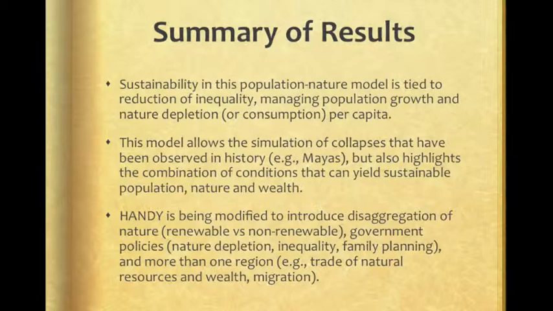So, for example, what happens if you have two Handies, or one for the Americas, one for Asia, and one for Europe, and you allow for trade between these regions, trade of natural resources, trade of wealth, and trade of population, which is essentially migration. Then you start having a much more powerful tool.